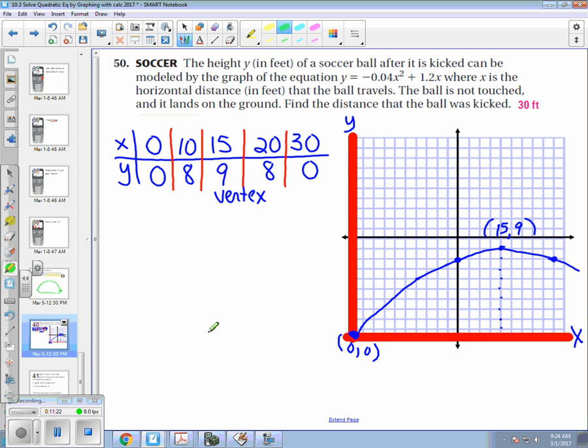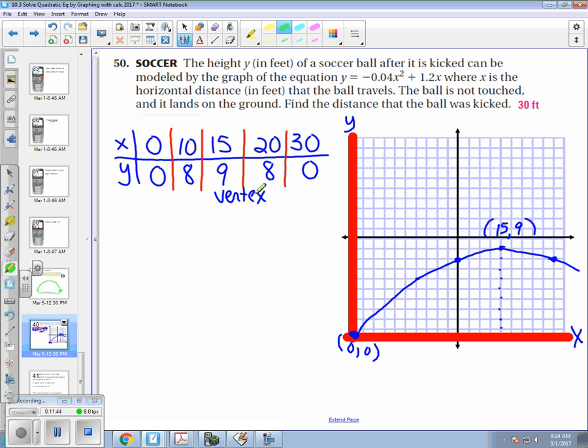All right. If you stopped the video for just a moment, you would have found that your XY table started at 0, 0. Actually, it did negatives too, but we only care about the 0, 0. And it goes all the way out to 30 on the X value before you get a Y equal to 0. Your vertex is at 15, 9.